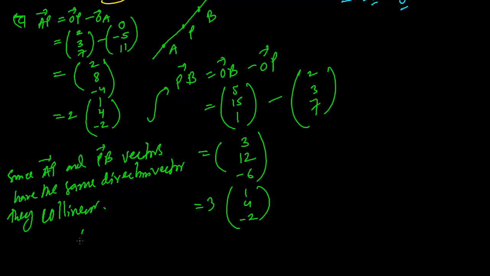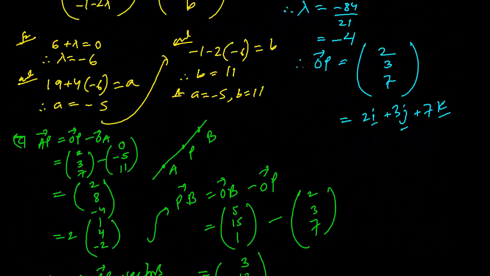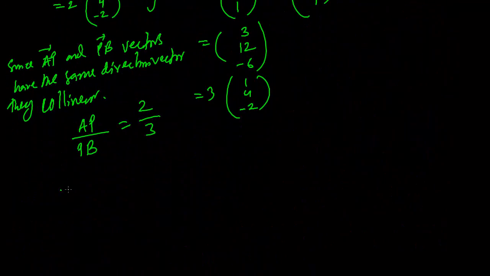Now we have to find the ratio. So AP divided by PB equals 2 times direction vector divided by 3 times direction vector, and this direction vector cancels off. I'm not giving the vector sign because all I have to do is find the ratio. So what ratio do we have to find? AP is to PB, that's it. Therefore AP is to PB is 2 is to 3.